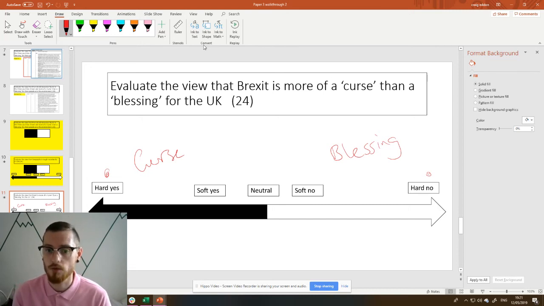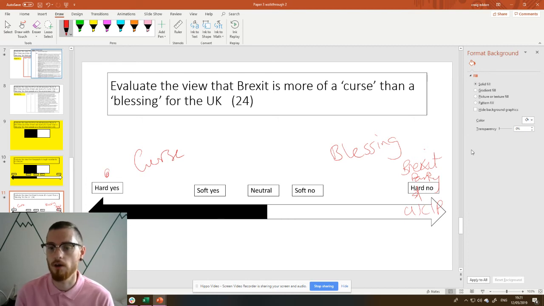It's a spectrum. So we're probably finding that along this side of Brexit being a blessing, we would probably find the Brexit Party is probably up here, and potentially UKIP. I'd probably have to look at their policies to determine how far they are along this spectrum and who is further on the other.